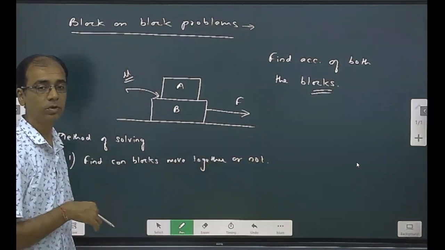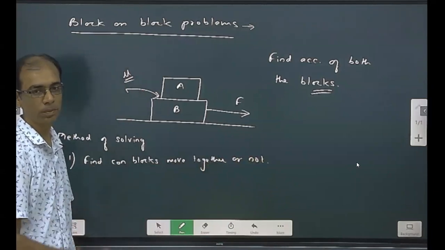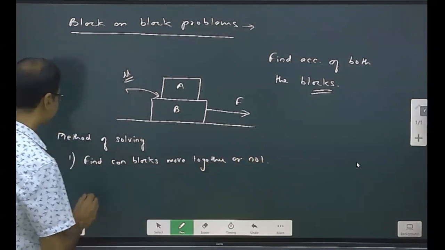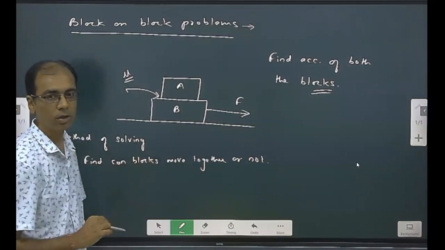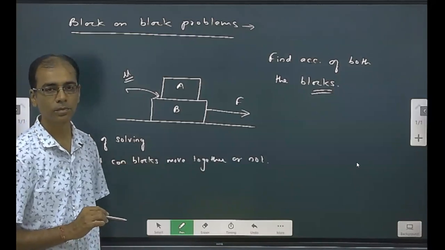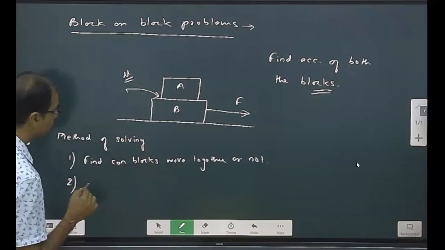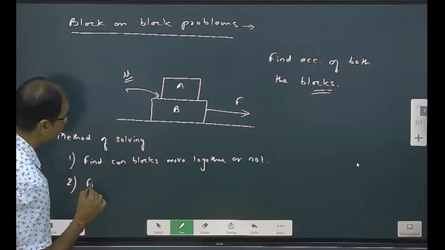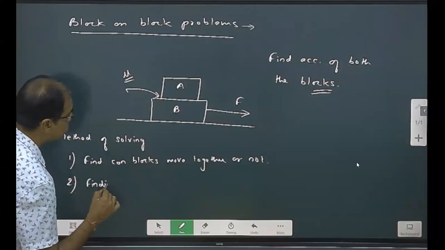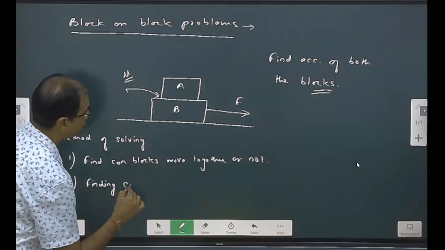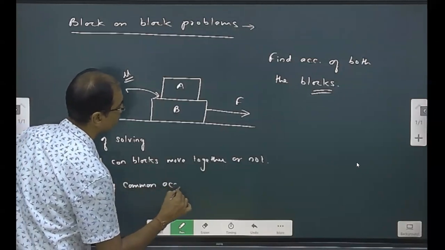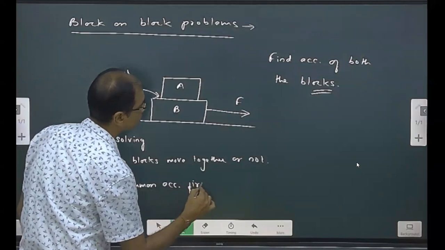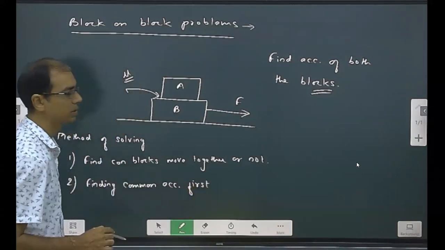If they cannot move together, then we will go for the separate acceleration. How to see whether they are moving together or not? First, you'll find the common acceleration.